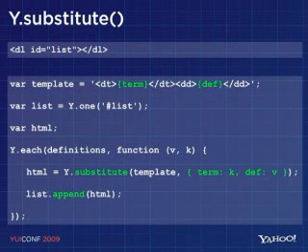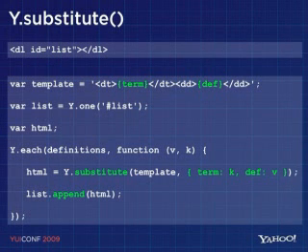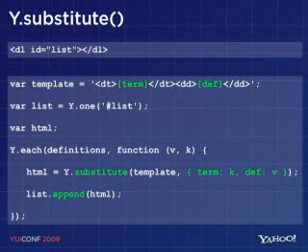We want to create a template that we can use to populate with the values that are stored in this definitions object. So what we'll do is we'll set up our template, and what substitute relies on is placeholders defined by curly braces. So in this case, our template's going to reserve placeholders for terms and definitions, and then we're going to get a reference to our node that we want to append this new HTML into.